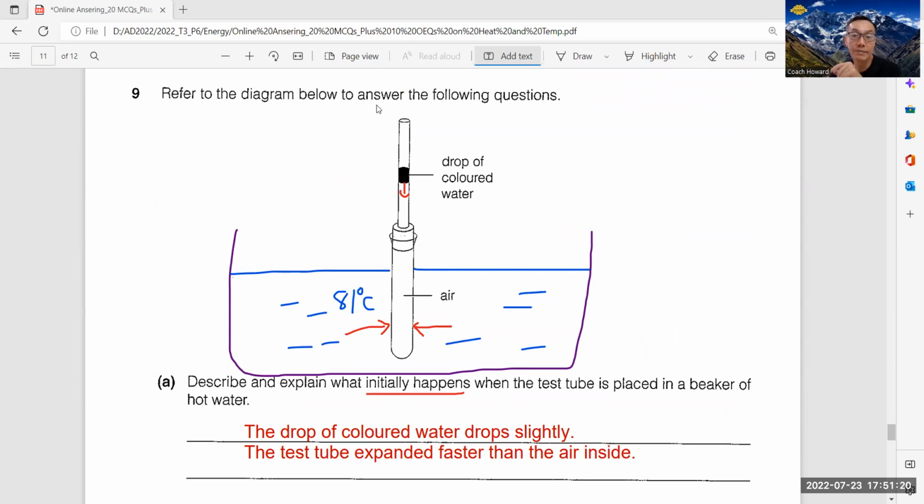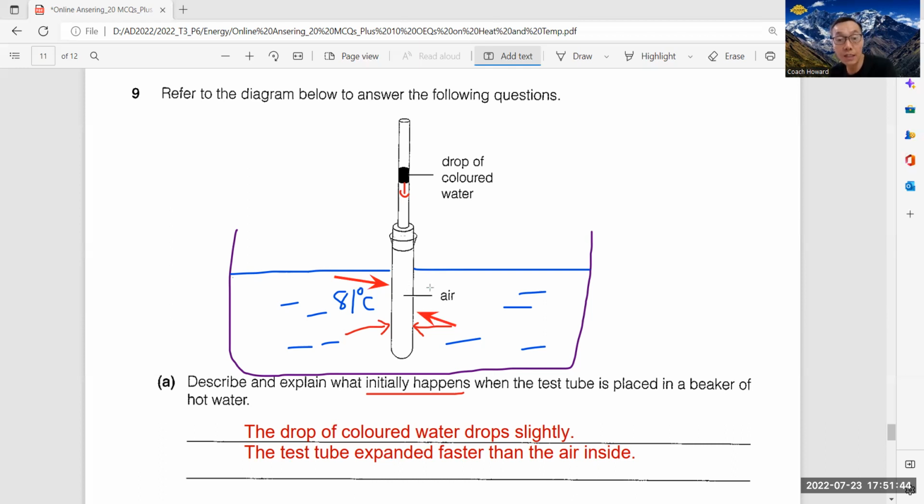Because the test tube gains heat first. Then after that, the heat is being conducted into the air. So to shorten this waiting time, this transition of the heat from the test tube to go inside, do you think I use a thicker test tube or a thinner test tube?